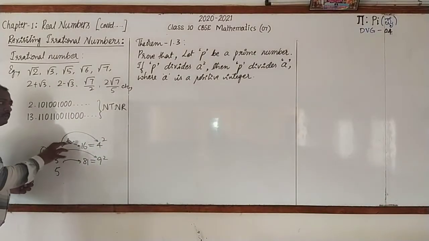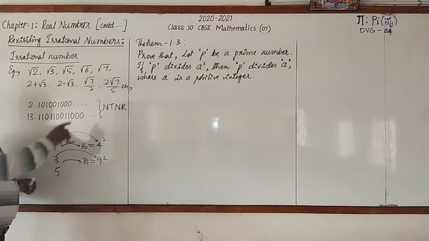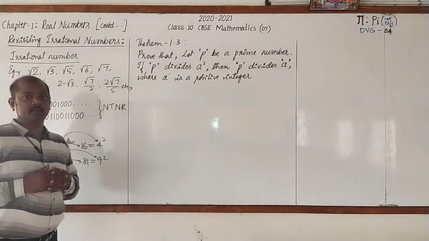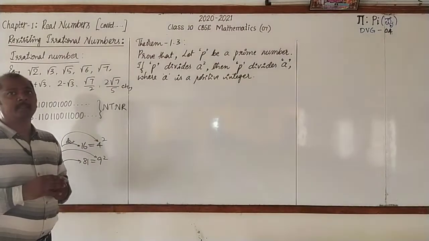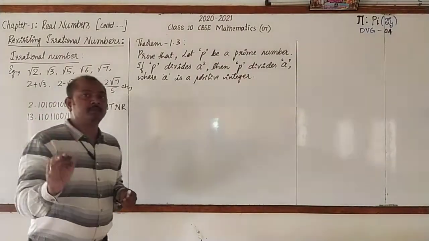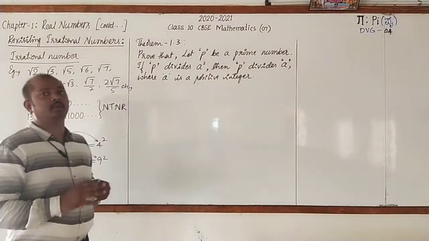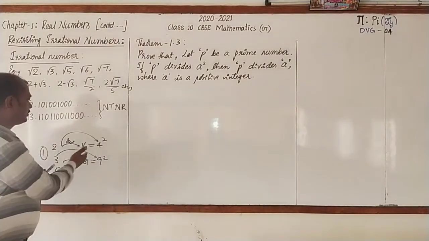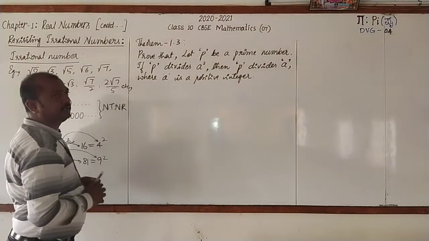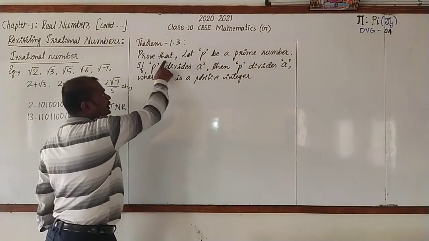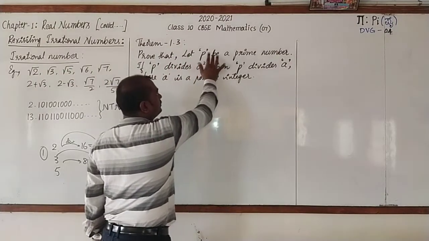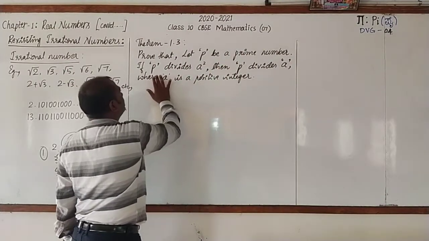But this is going to be proved logically. Hence, we have a theorem. Theorem 1.3. A statement which can be proved logically is called a theorem. A theorem related to this has been given here. Look here. Let p be a prime number.